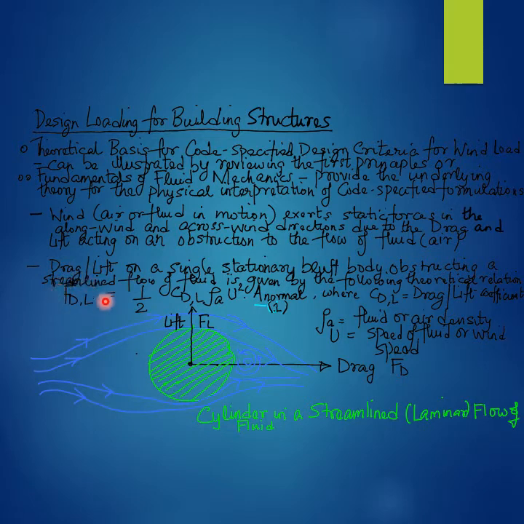The drag or lift force F subscript D or L as applicable for drag or lift on this cylindrical bluff body, or simply a cylinder obstructing the streamlined or laminar flow of a fluid, with the streamlines depicted as the blue curves with the arrows pointing in the direction of the streamlined flow, is calculated as half of the drag coefficient, denoted as C subscript D, or the lift coefficient, denoted as C subscript L. The subscripts D or L are applicable for drag and lift forces respectively.